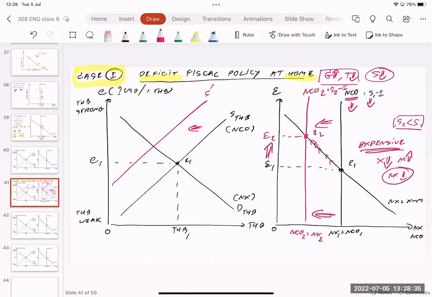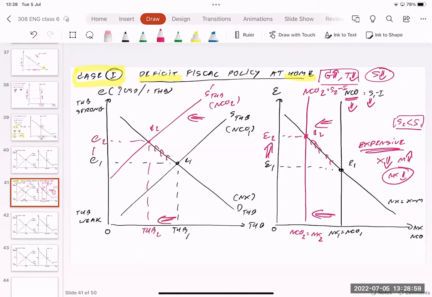This is the supply for Thai baht of NCO2. So the equilibrium point in the currency market also changes, from E1 to E2. The number of Thai baht in the economy reduces, and the nominal exchange rate increases.